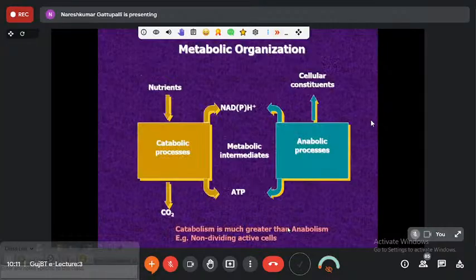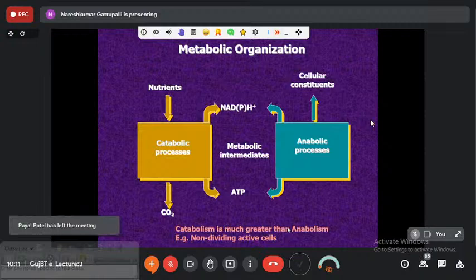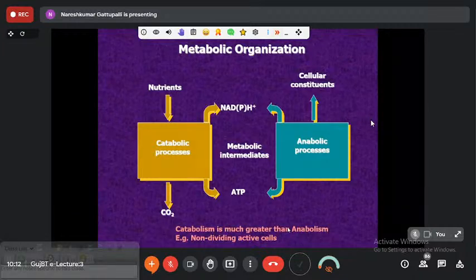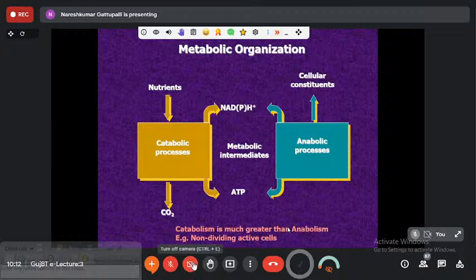All of you must know that metabolism has two major components, which classify all the processes into two. One is the catabolic process, where the complex molecules or whatever nutrients are there, depending on the organism, are converted into energy, and this energy is used by the organism for various processes.